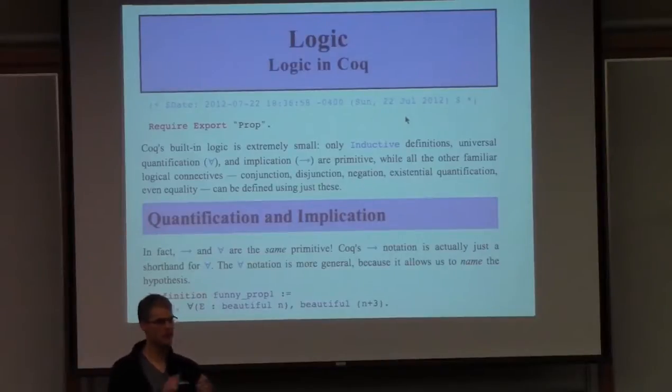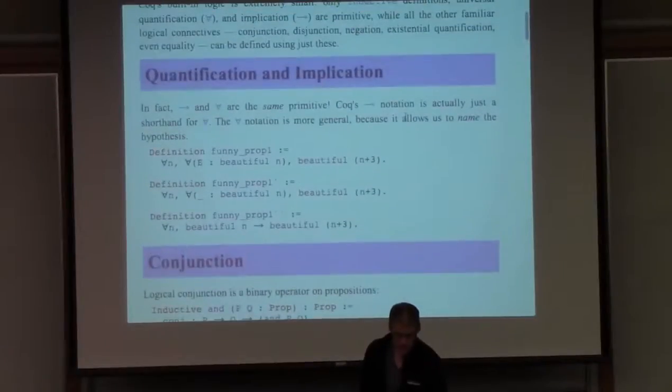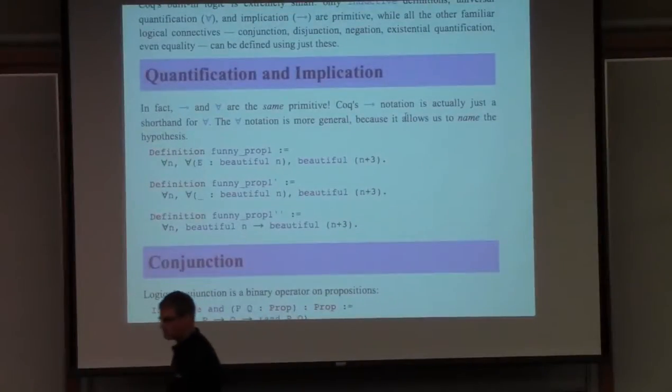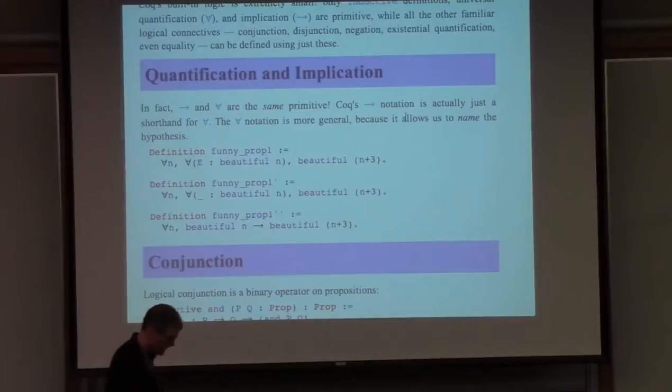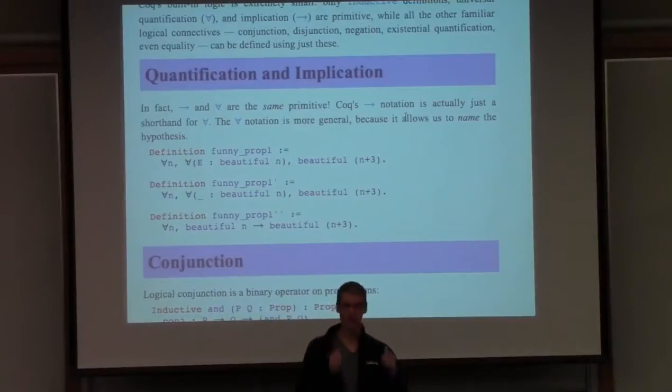Right? So both the arrow and the for all are instances of pi types. And indeed the arrow is simply syntactic sugar for the special case of the pi where it's non-dependent.